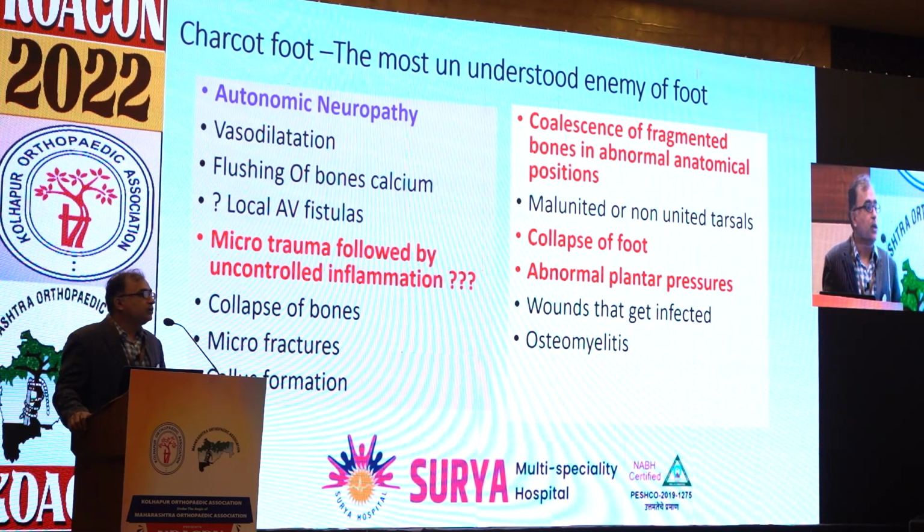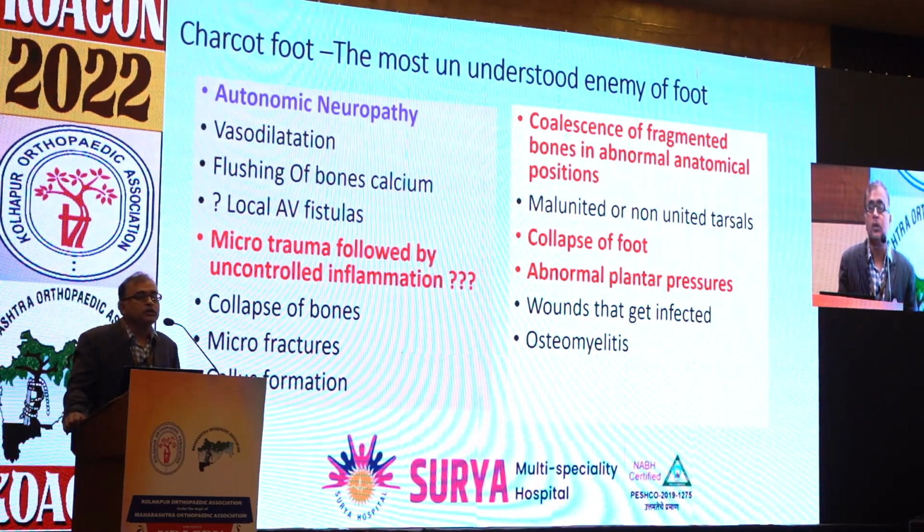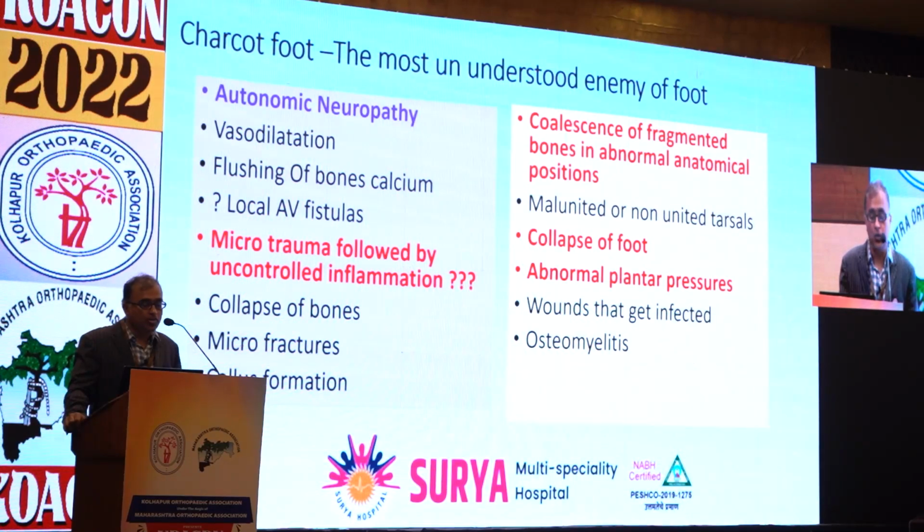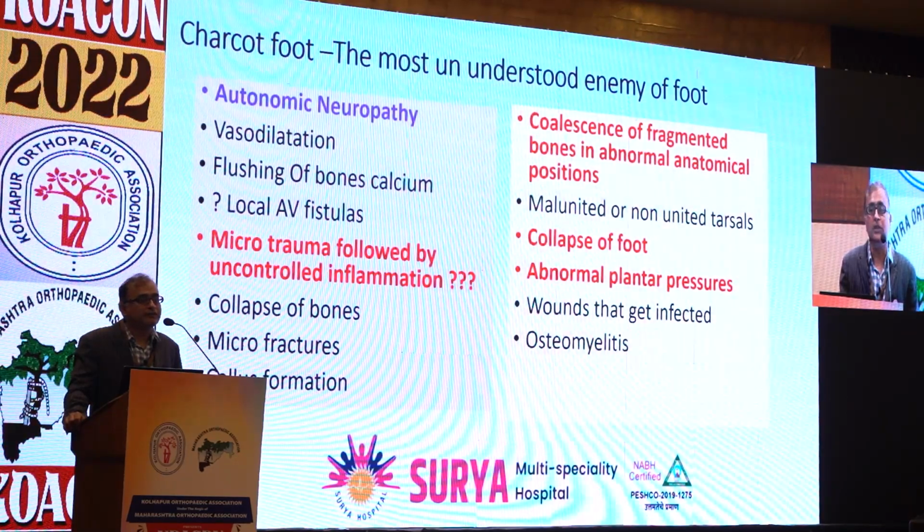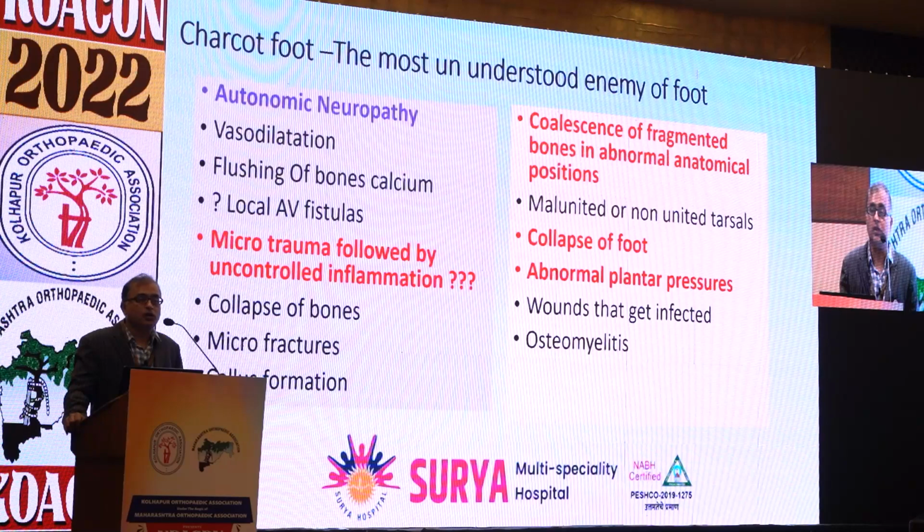We'll come to the next most dreadful issue of the neuropathic foot, the Charcot, which is the most misunderstood enemy of the foot. Different pathophysiologies or sequences have been suggested. Autonomic neuropathy causes vasodilatation, which flushes the bones.